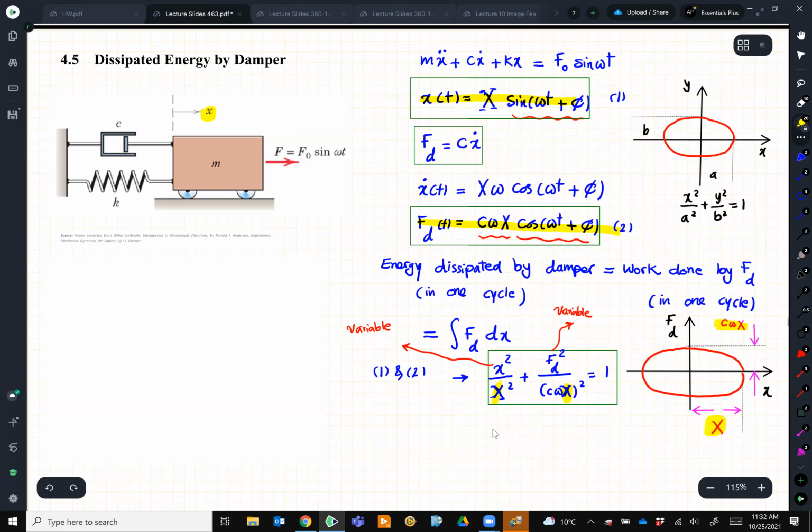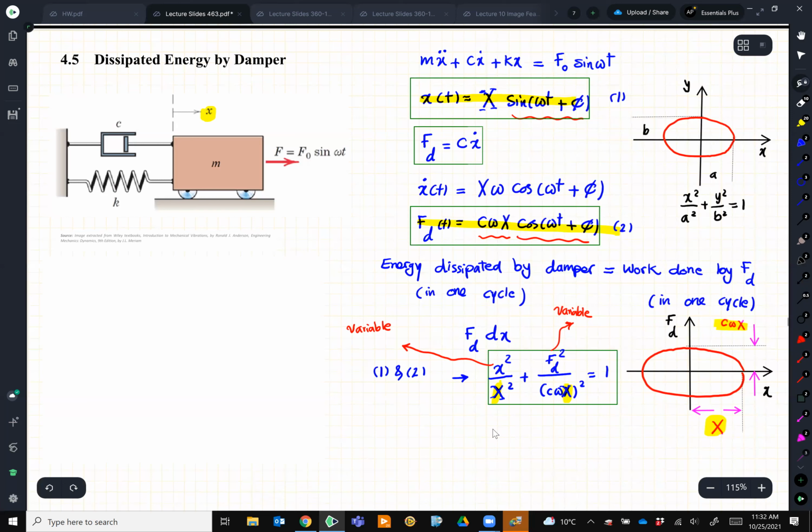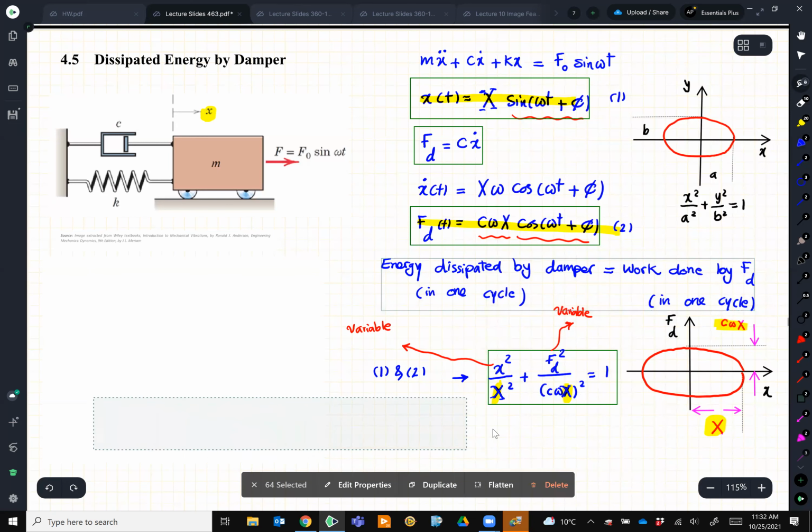And what this integral means, let me delete that. And maybe I move that down over here.